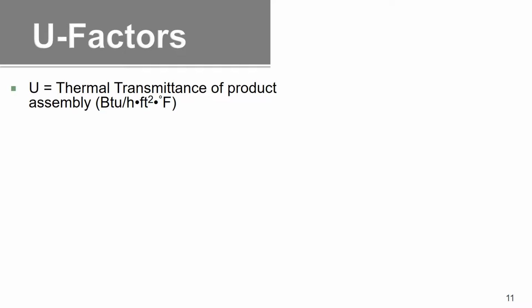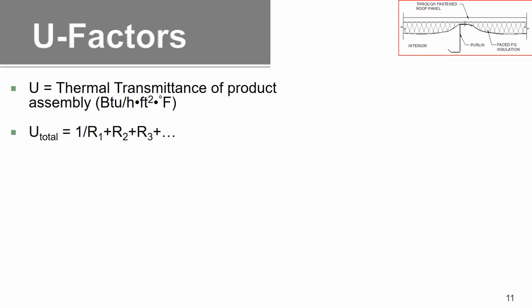Before, it was all about R values. So a U-factor is a thermal transmittance of a product assembly, I should say, not a particular product. An individual product would have a U-factor number, but we're taking a look at the assembly. And this is measured in BTUs per hour per square foot per degree Fahrenheit.